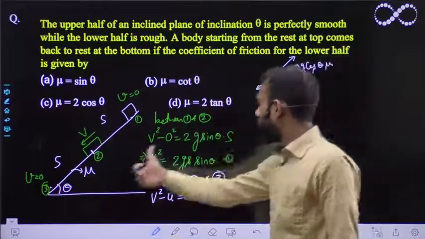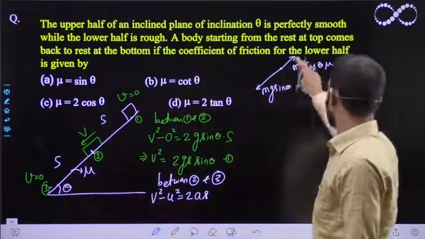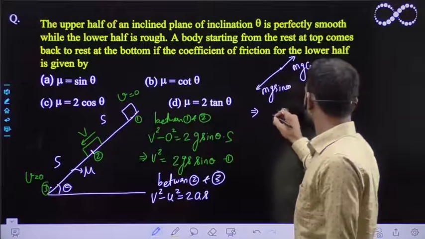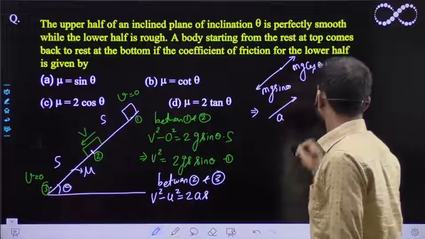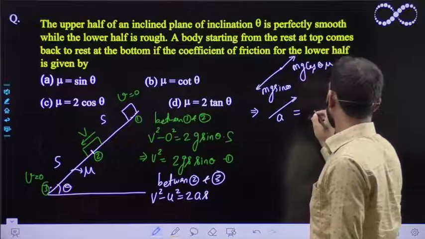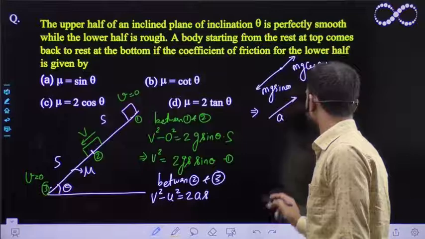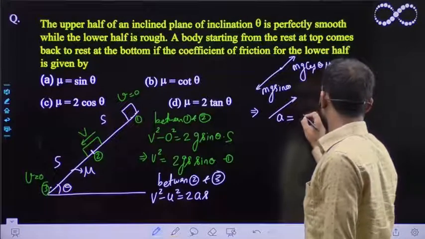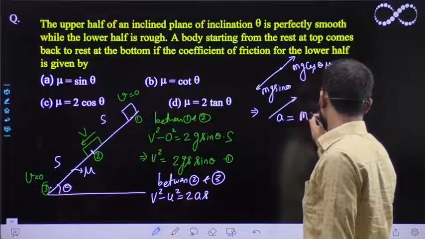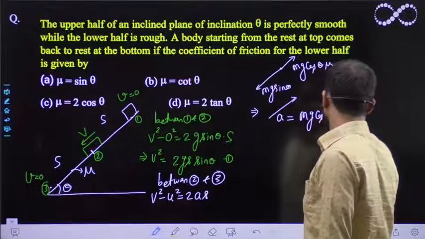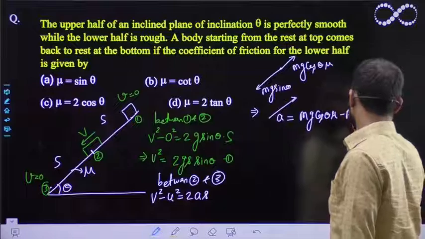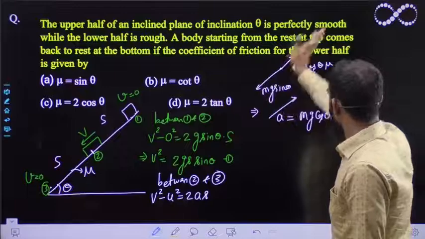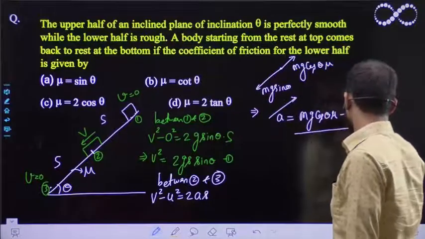Since the acceleration is in the upward direction, this force must be greater. So the acceleration will be upward, and its magnitude will be equal to mg cos theta mu minus mg sin theta, because this force is greater, so the net force is in the upward direction, divided by mass.